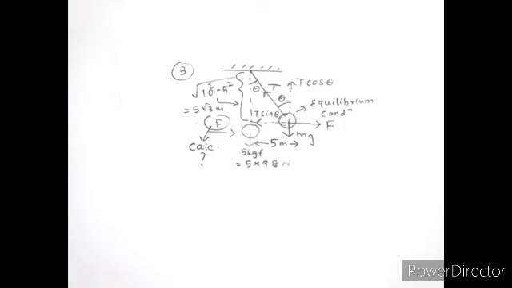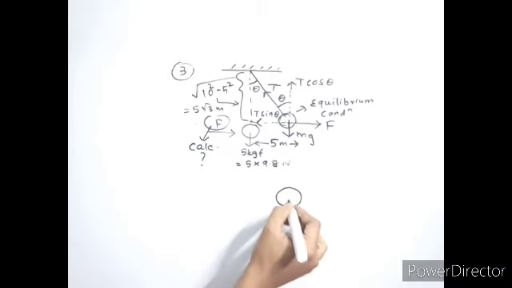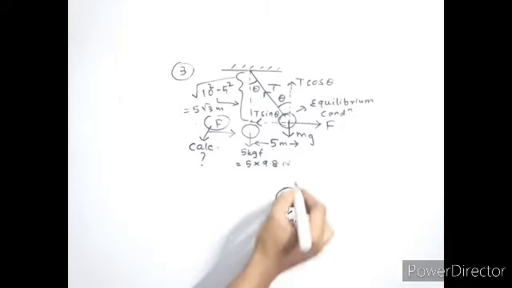Now remember, this is equilibrium condition, so we just need to stick to the figure and write down our equations. So I just draw a free body diagram for that.